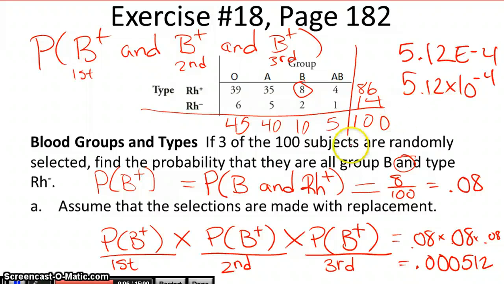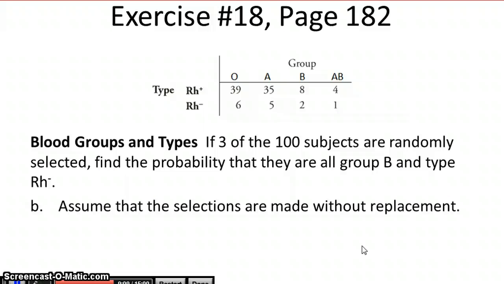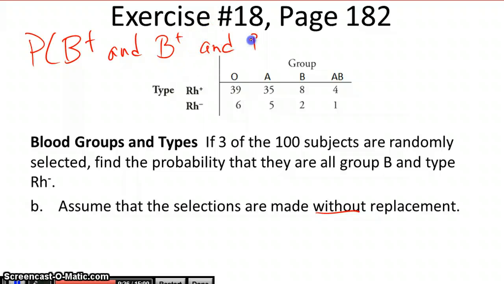Now, that's with replacement. Suppose we're interested now in without replacement, which is to say, I want to know, again, what's the probability of B positive blood and B positive blood and B positive blood, where we have B positive blood for the first person chosen, the second person chosen, and third person chosen, where now, when we inspect each subject, we don't put them back into our population, and that eliminates the possibility that we could potentially select them again, which is going to change the relative frequencies.